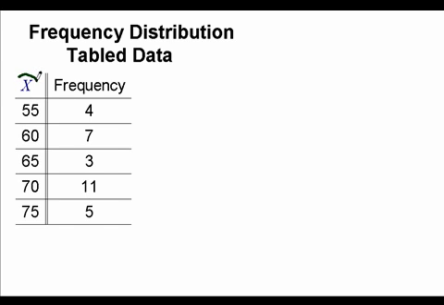X is always going to represent data, individual data, or elements. You can think of it that way too. So if I want to find the mean of this, it's still going to be add them all up and divide by how many. To find out how many we have, we're just going to take the frequency and add them all up. And I'm going to get you used to some notation.